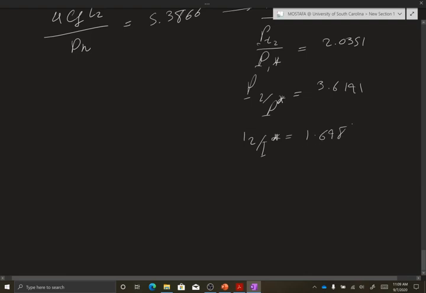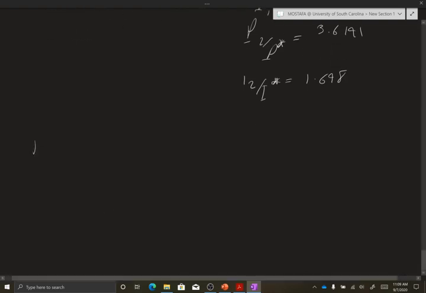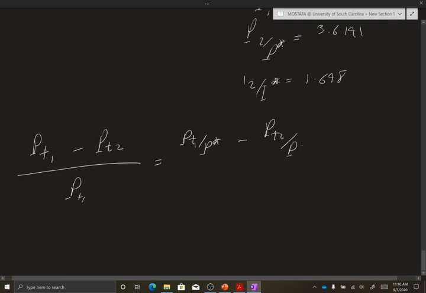Okay. The next part has asked us to find the total pressure loss and percentage. So delta P is PT1 minus PT2 over PT1. If you divide everything by PT star, it will be PT1 over P star minus PT2 over P star, over PT1 over P star.